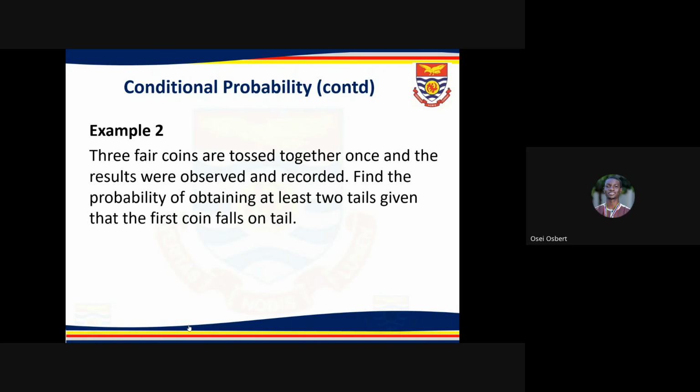Let's see anyone who has found an answer to what we just gave. Three fair coins are tossed together once, and the results were observed and recorded.